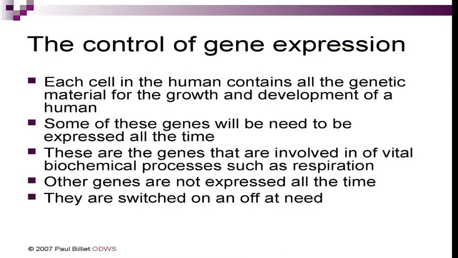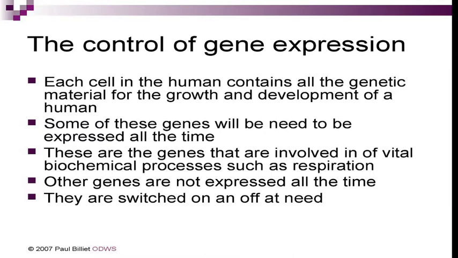We all know that human beings are made up of cells, and these cells contain the genetic material, which is DNA, and the DNA is responsible for the growth and the development of any living organism, including human beings. So, some genes will be required to be expressed all the time.